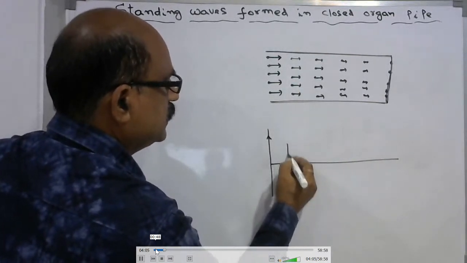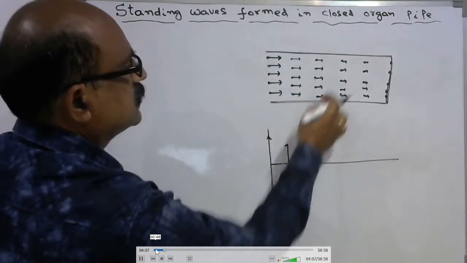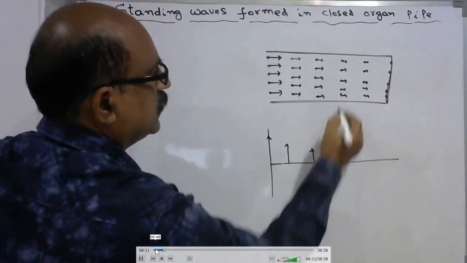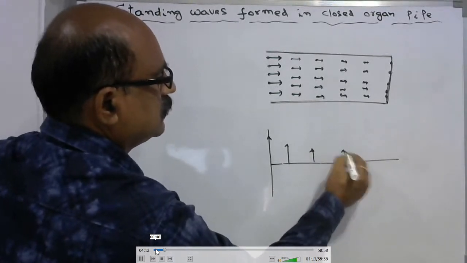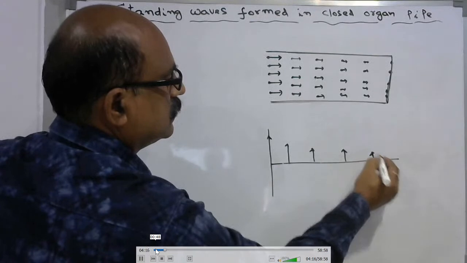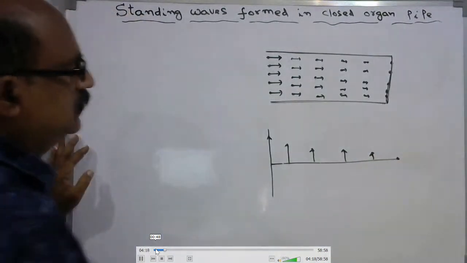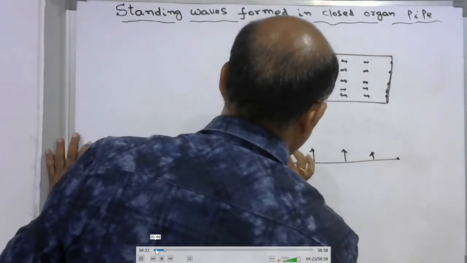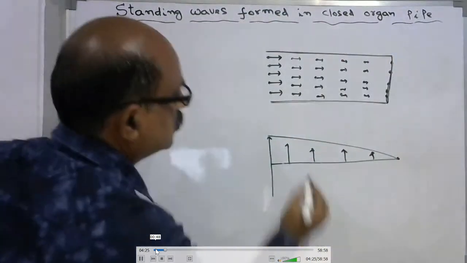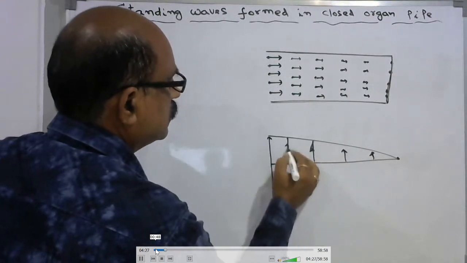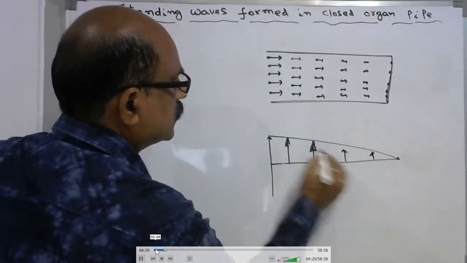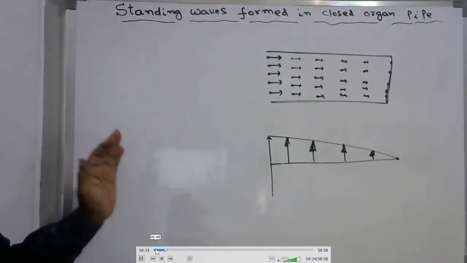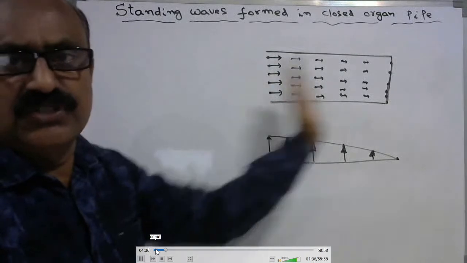It will be a little bit less than this, and the displacement for this will be less, and for this, and for this 0. So if you imagine that this curve represents like this, this is the displacement of this one and this is the displacement of this one, and this is how it looks in the positive x-axis.